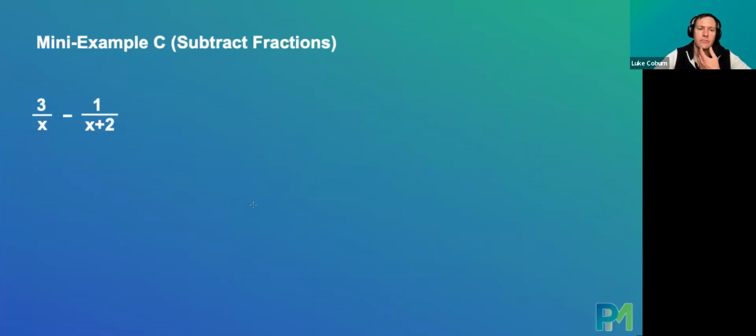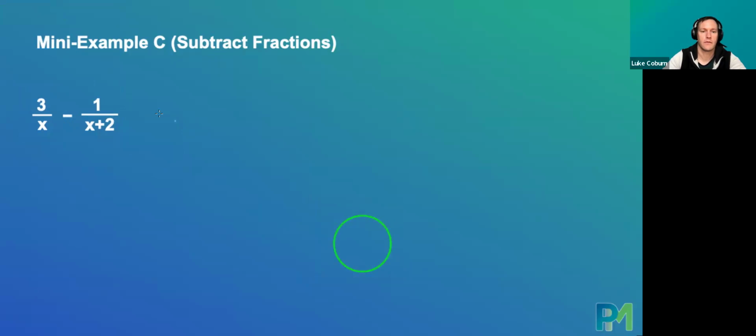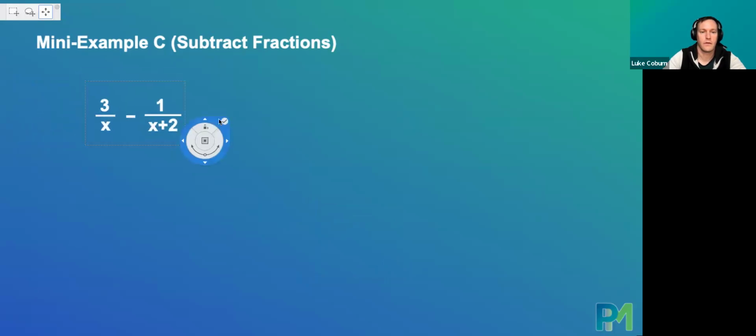Okay, what about subtraction? How is this going to change our approach? I need a little bit more space for this. So we're going to have a number here, and a number here, and we have to combine these two fractions.